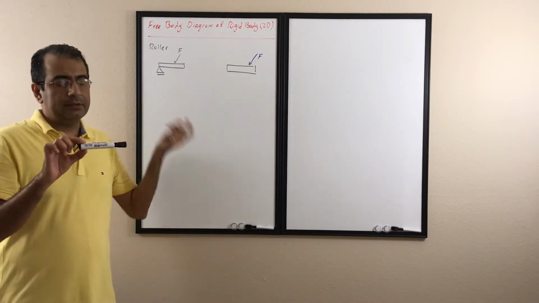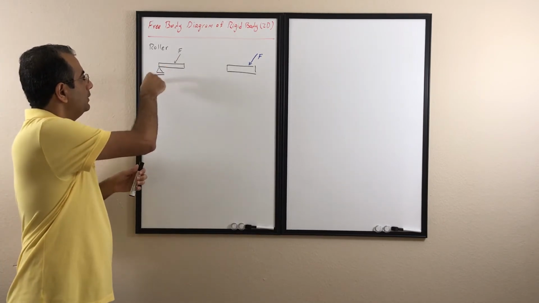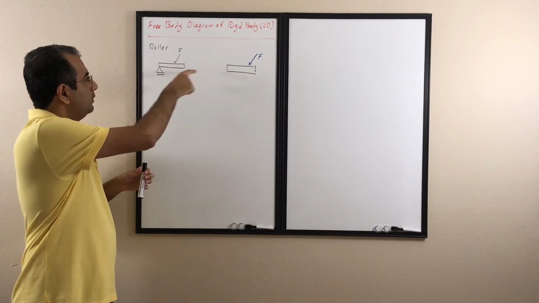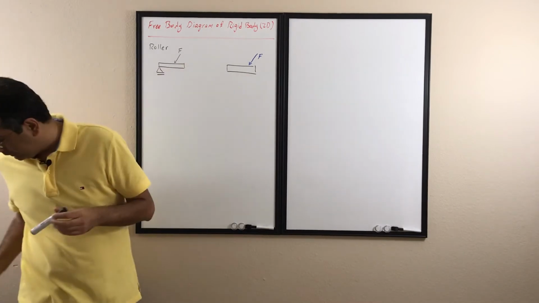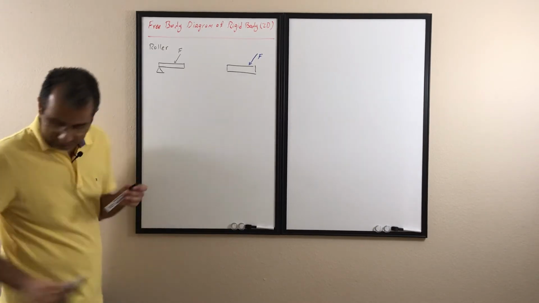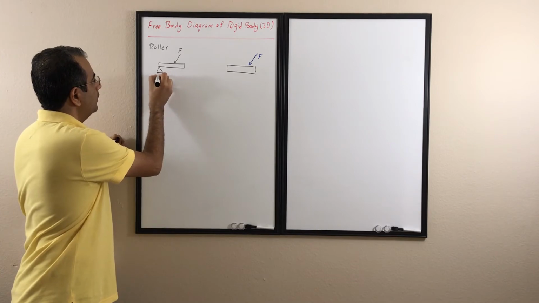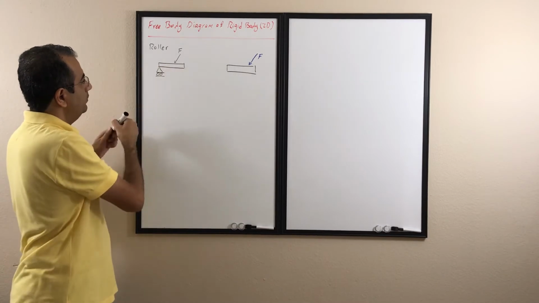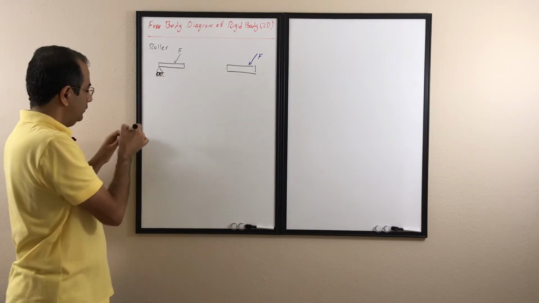Here the roller is very similar to that. It doesn't let it go up and down, or in other words, normal to the direction of that support, but it doesn't provide any support in X. So for example, if I draw some roller like that, it just lets it move left or right.